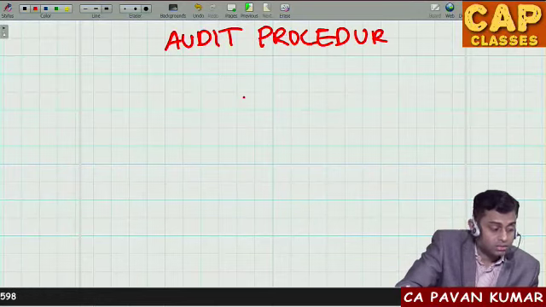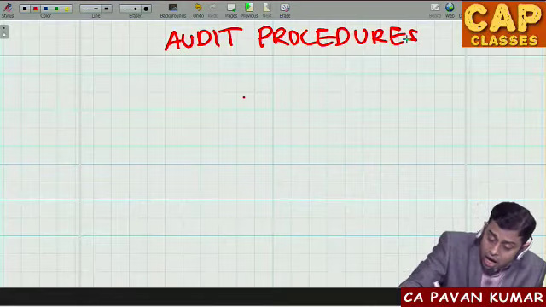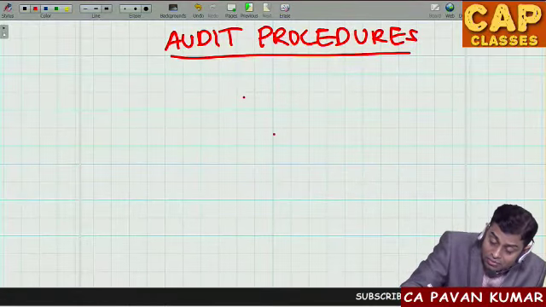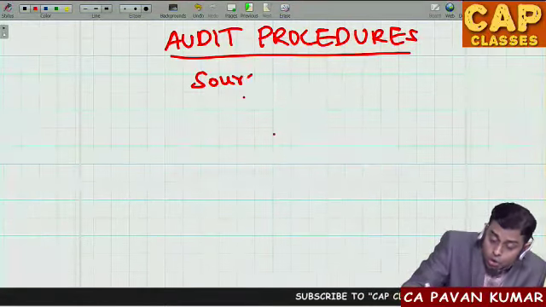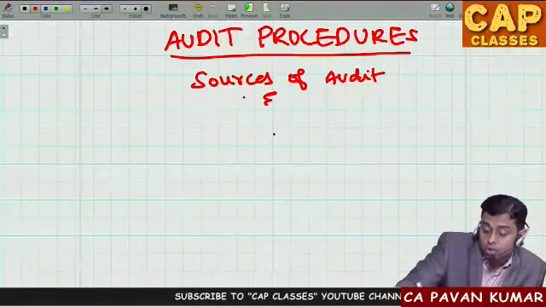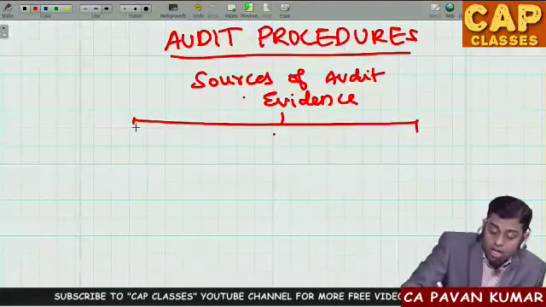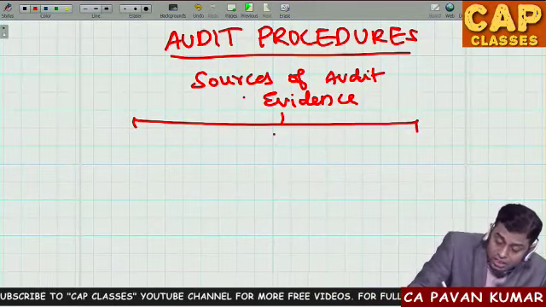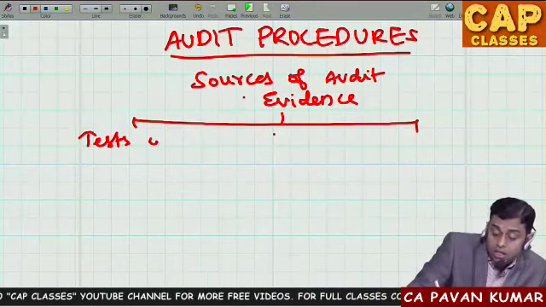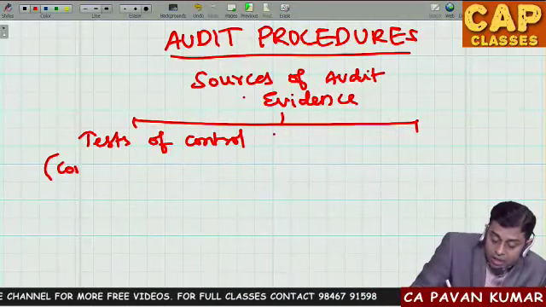So what are these audit procedures? They have something to do with sources of audit evidence. There are two main sources. One is tests of control, which we also call compliance procedures.